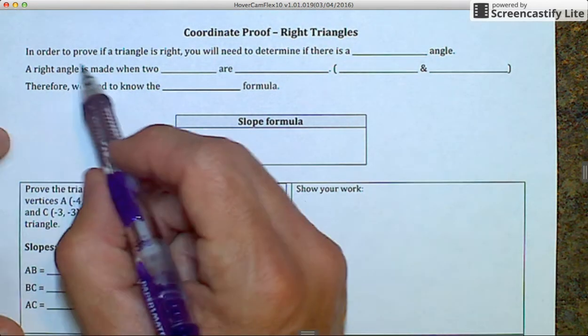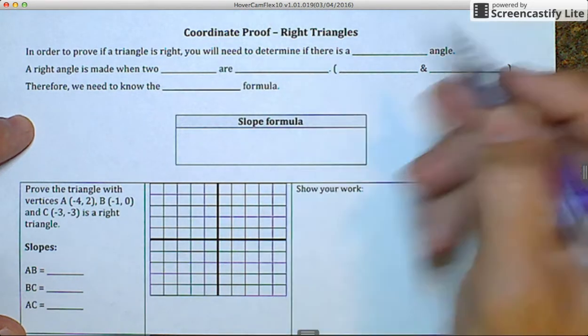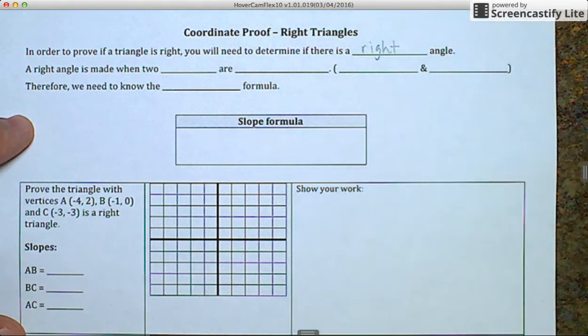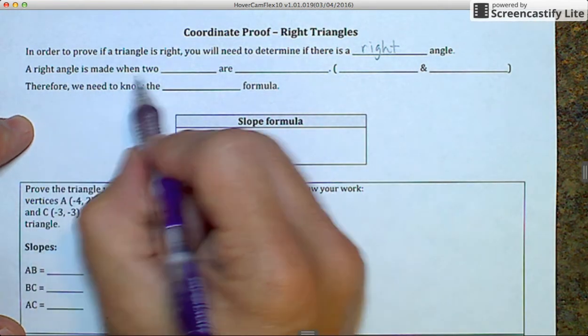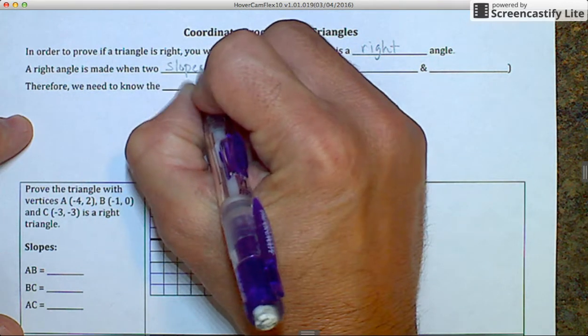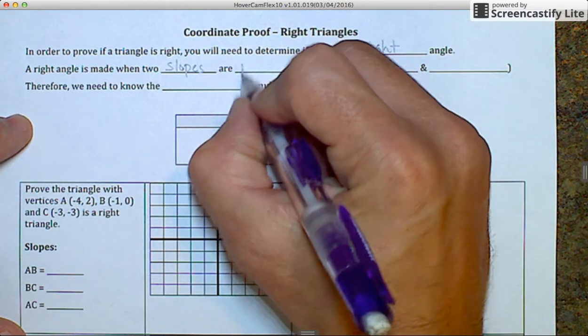In order to prove if a triangle is right, you will need to determine if there is a right angle. A right angle is made when 2 slopes, because we have line segments, are perpendicular.